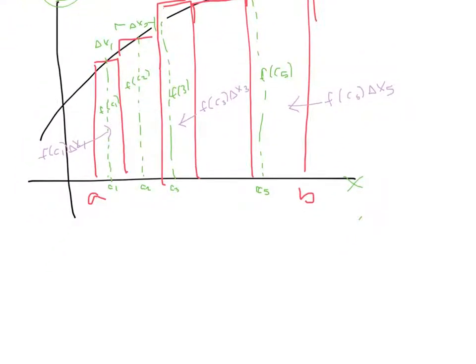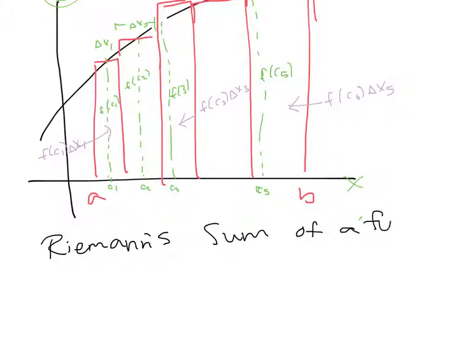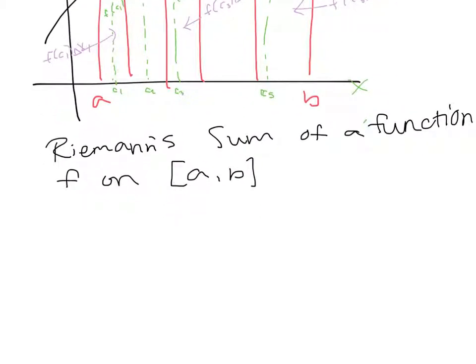So we could say then that the Riemann sum of a function f on the interval AB, remember this is the interval notation we talked about in class, is written as R sub n for Riemann sum is equal to, and then that's the sum symbol, the sum from k equals 1 to n.